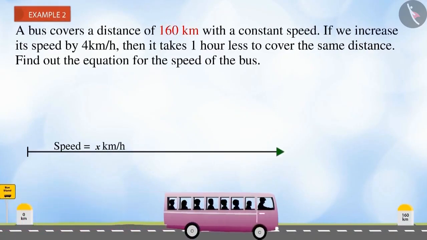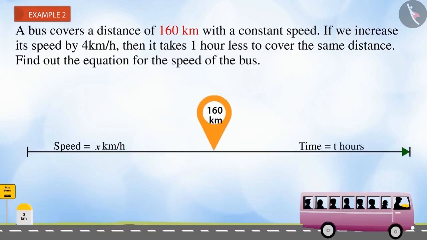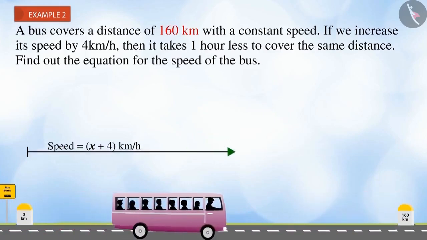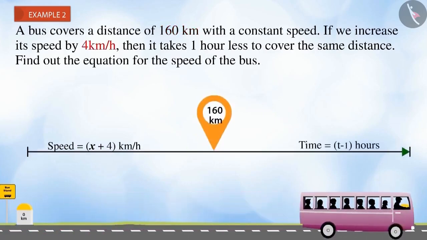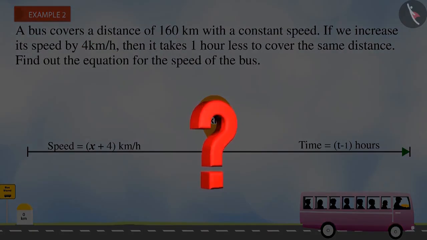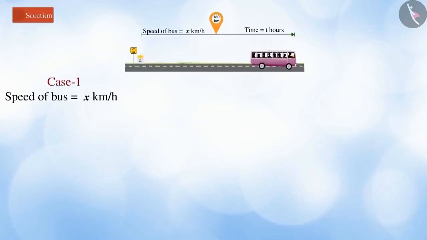A bus completes 160 km with a constant speed. If we increase its speed by 4 km per hour, then the bus takes 1 less hour to complete the journey. In this case, find out the equation to find out the speed of the bus. Can you find out the equation for speed of the bus? Let the speed of the bus be x kilometers per hour.